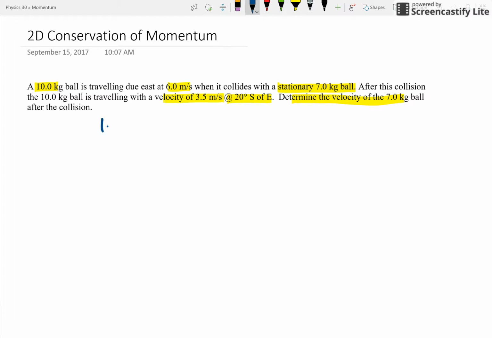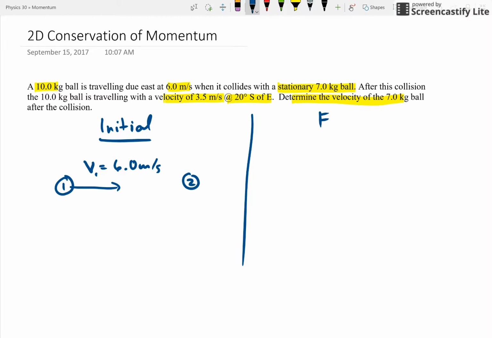As we did in class, let's determine the initial setup. Let's draw ball number 1 moving at a velocity of 6 meters per second, and ball number 2 is simply stationary. Then let's set up our final conditions.